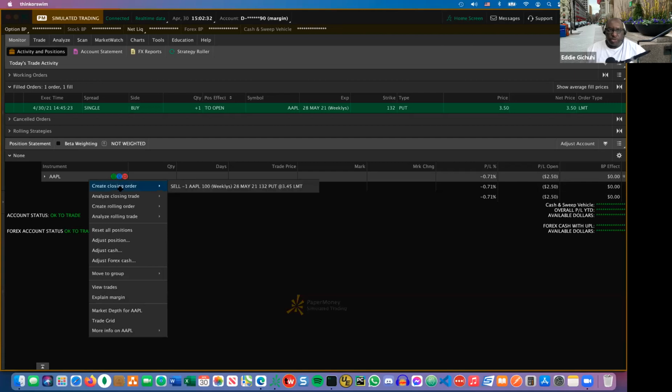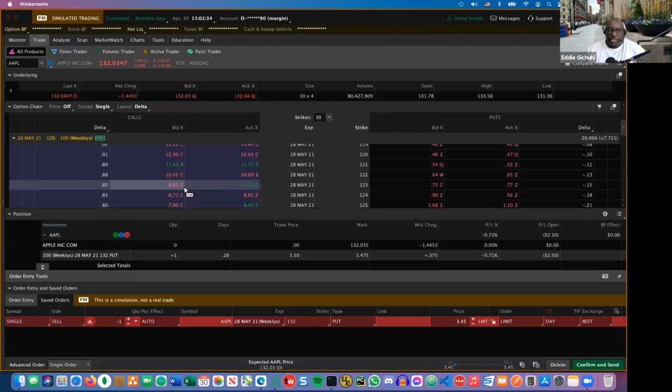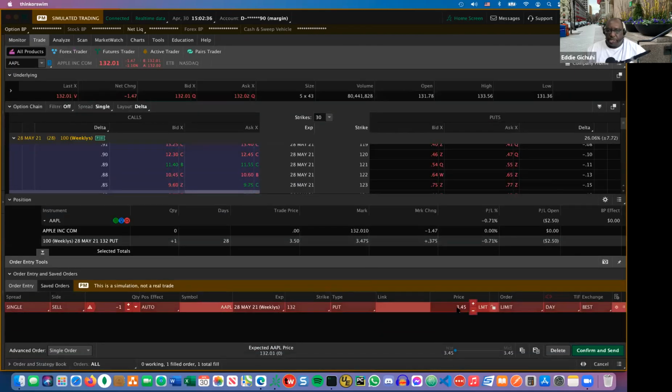Poor man's way is just to create a closing order, click on sell, and then put in your price here, right? What was our price? $2.90, and then confirm and send. And don't forget to change that from day to GTC, right? Otherwise, if you leave it at day, this order will only be good until the end of the day, until 4 o'clock. It drops off.